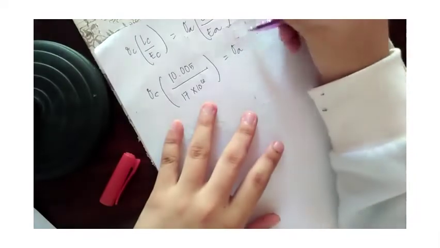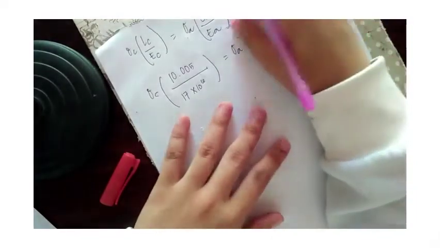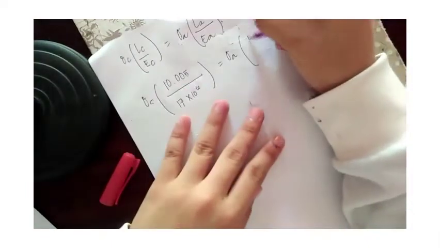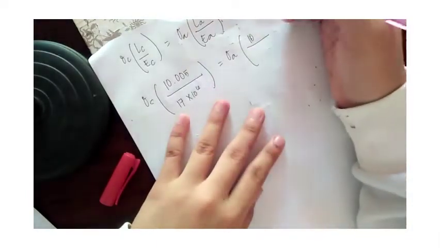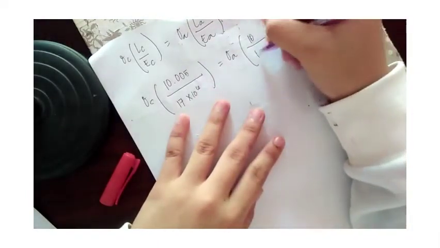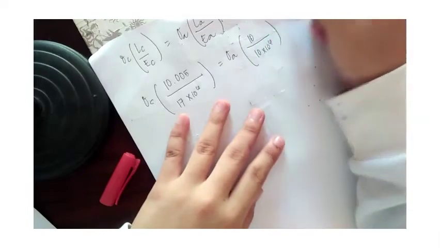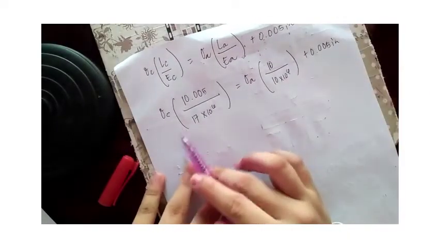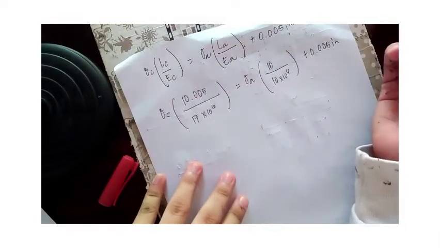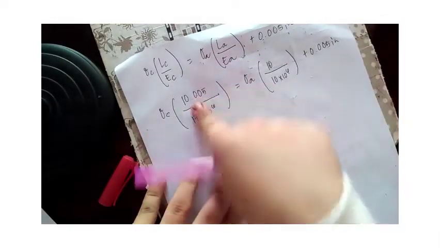is equals to stress of aluminum times natin siya sa length of aluminum, which is, ang meron sa given is 10 inches over elasticity of aluminum na 10 times 10 raised to 6, plus 0.005 inches. So, ang next step natin, simplify muna natin itong dalawa.